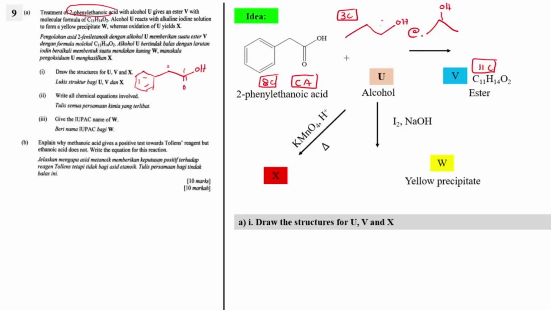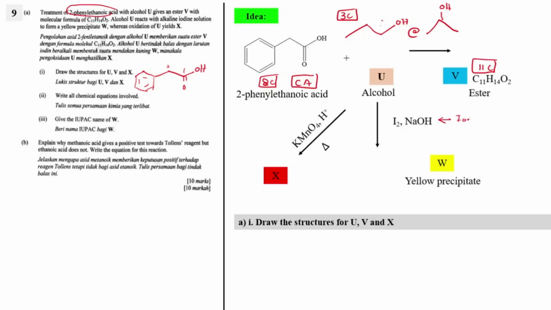And in order to determine that, let us look into another information. Let's say U is converted to W by using I2 and NaOH. So from here, alcohol U reacting with alkaline iodine solution will give a positive result towards the iodoform test.